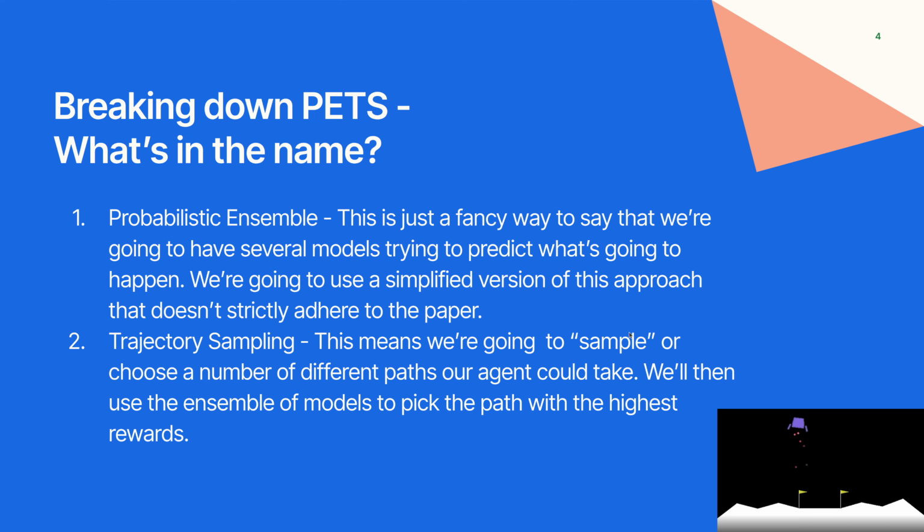This ends up being pretty accurate. We're not assuming one model has to decide what's going to happen. And we have the advantage of being able to try out many different things. We have many models trying to make a prediction. So it ends up being pretty accurate for the things that it does.